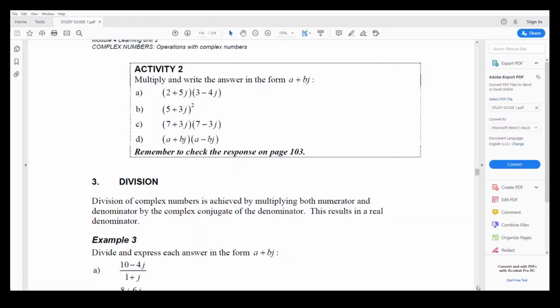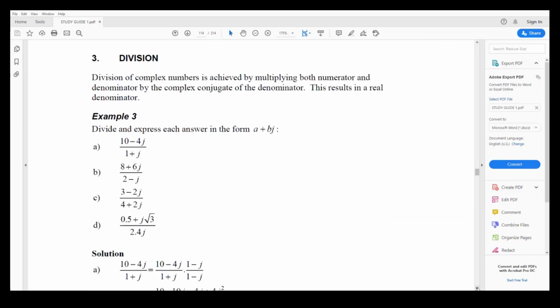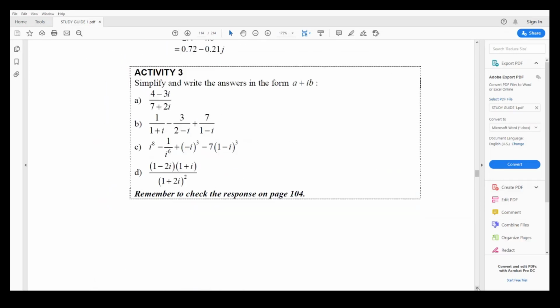I hope you guys can see activity 3 there. Yes, we can. Great.